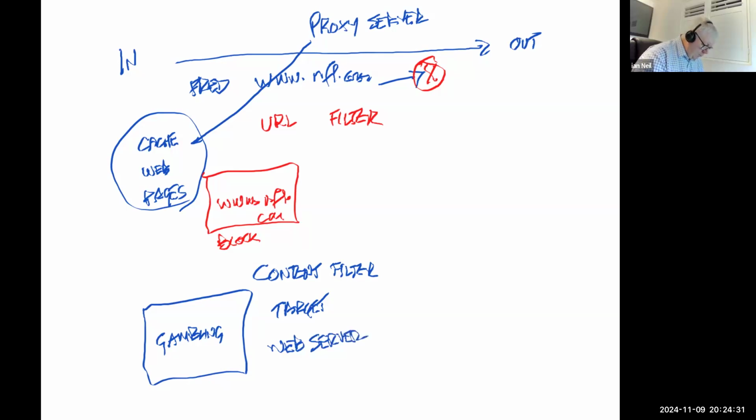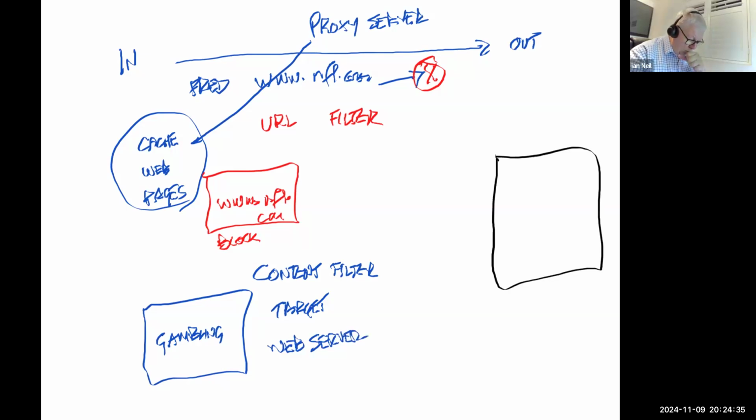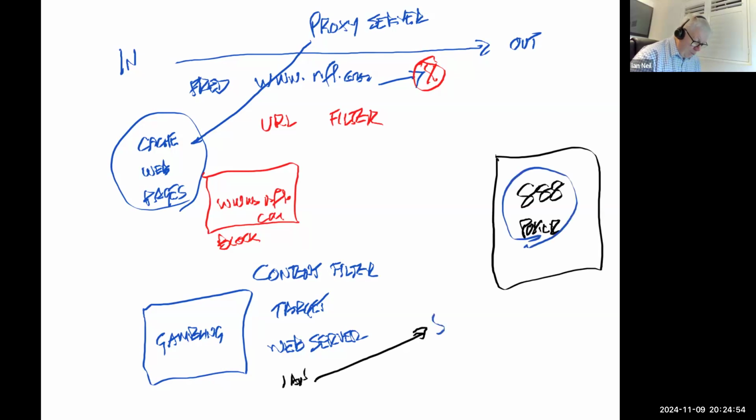And over here, we've got a website that somebody's trying to go to, and it's called 888 Poker. So we've got Ian over here, and he wants to go to the poker site. The content filter sees that it's actually gambling, and that one is actually blocked.